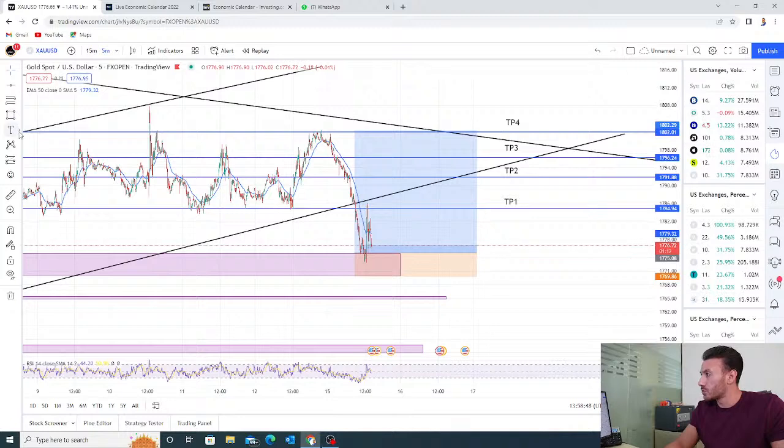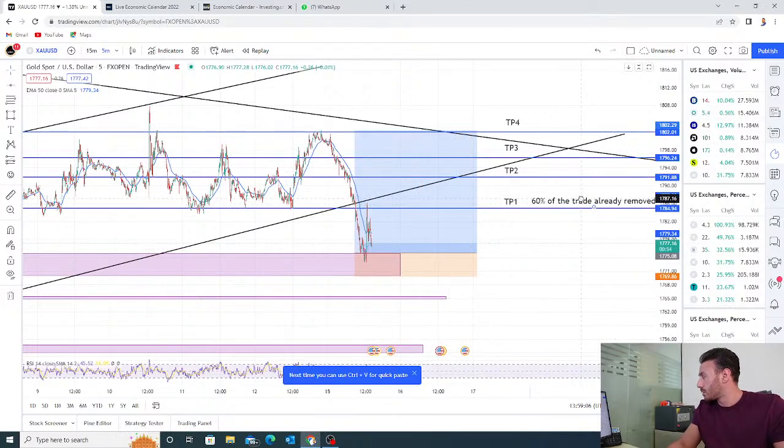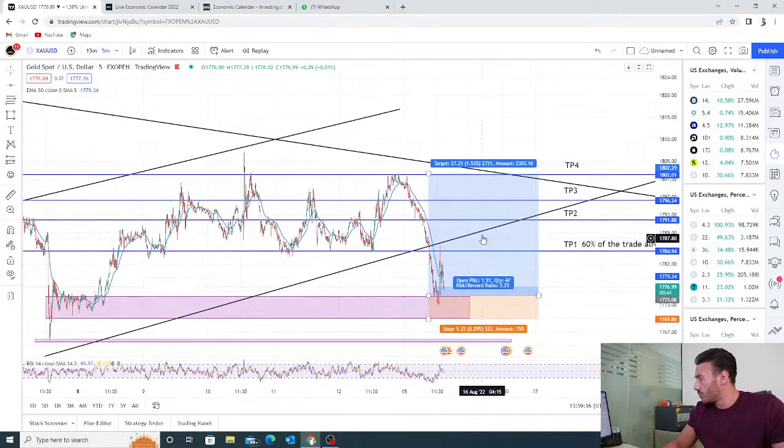So I wanted to write here something. 60%, sorry, 60% of the trade already removed. At this level here, I removed 60%. And then I will remove the remaining up here.